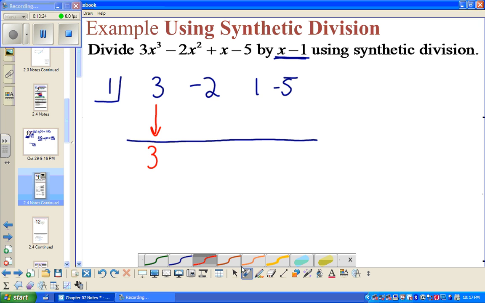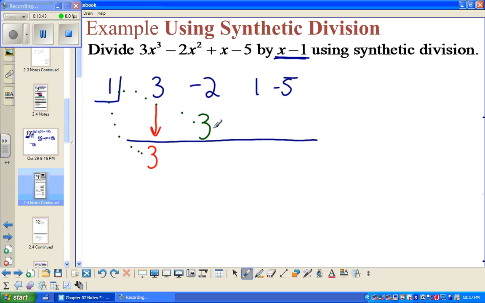Then you're going to take that number you dropped down times 1, since that's what's up in the box. And the answer comes right below the next number in the sequence. So 3 times 1 is 3. That'll go there. Add the numbers in that column and repeat.